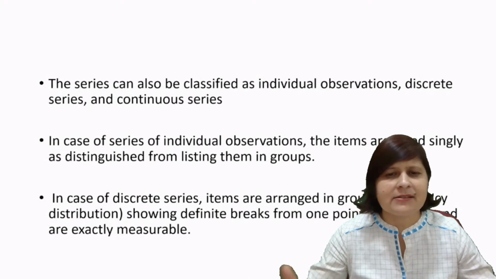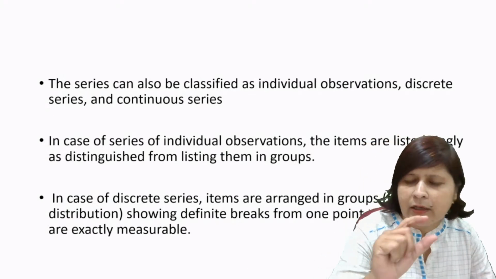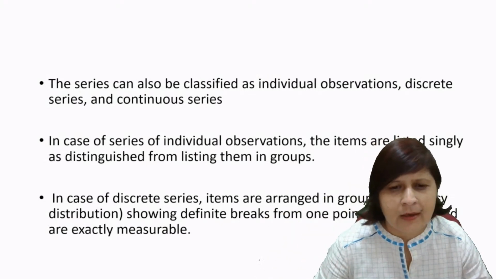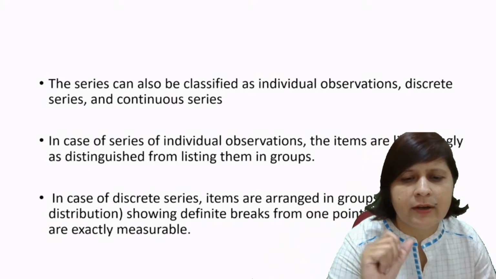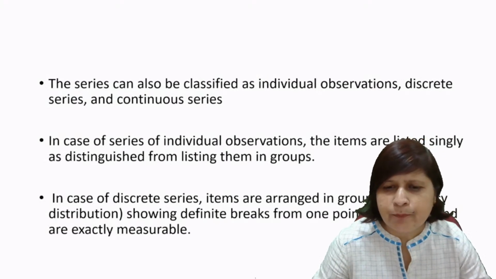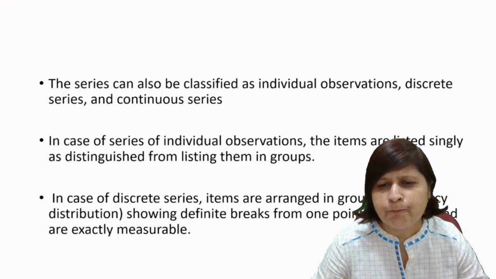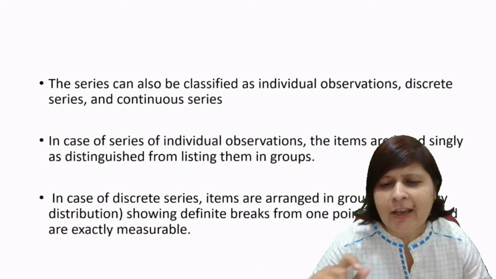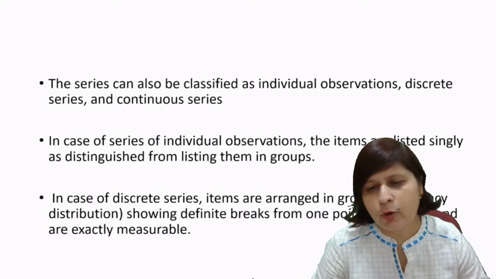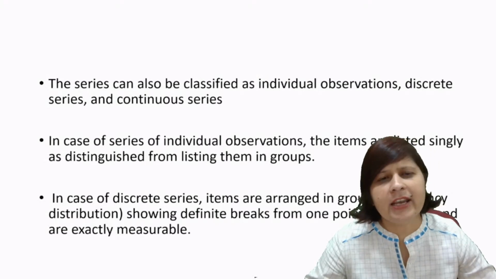Let me explain it with an example. There are the marks 10, 20, 30, 40, 50, and 60. 7 students scored 10 marks in a test, 8 scored 20, 6 scored 30, 5 scored 40 marks, and only 2 students scored 50 marks in a test. So this is a discrete series.